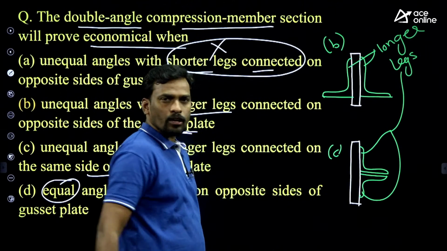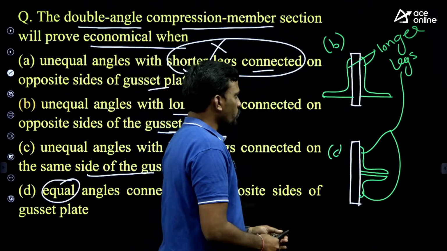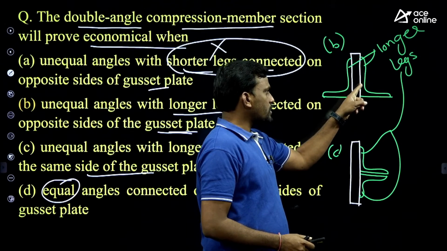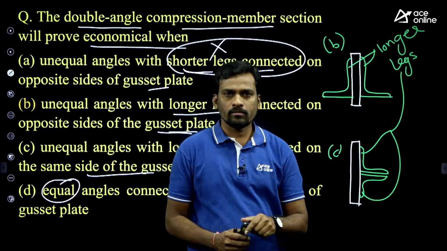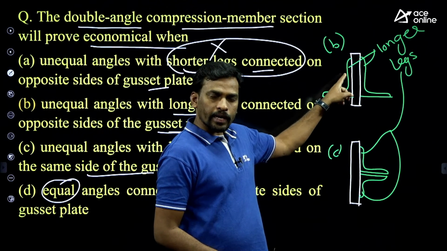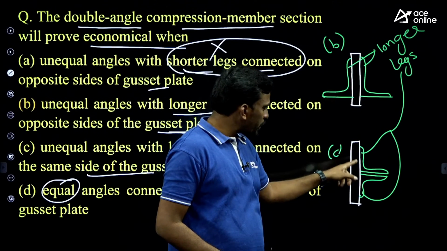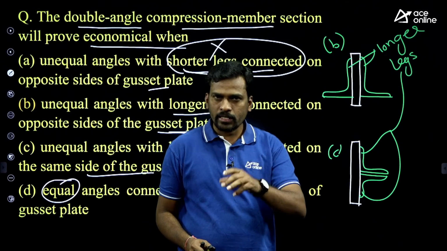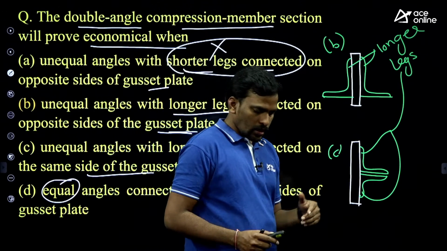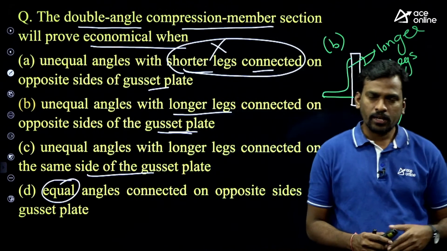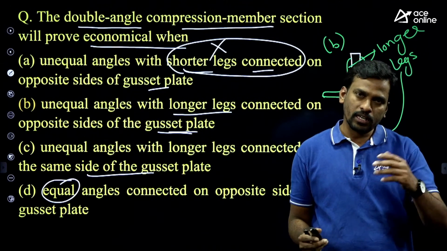Students, which one is economical? For this case, you will get a smaller radius of gyration compared to this. If the radius of gyration is less, then the moment of inertia is less. If the moment of inertia is less, then the size of the section will reduce.